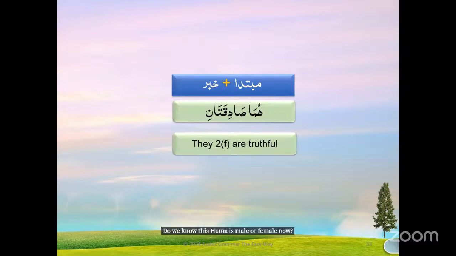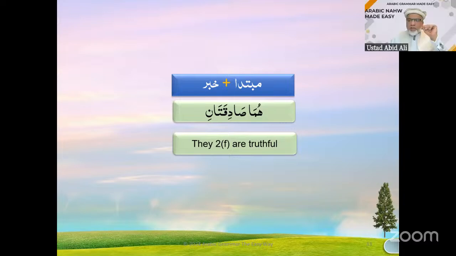Look at the Sadikatani, female, because Sadikatani is the khabar, and the Mubtada and khabar have a correlation. If Mubtada is male, khabar is male. If Mubtada is female, khabar is female.